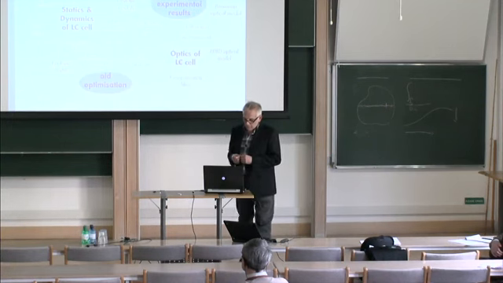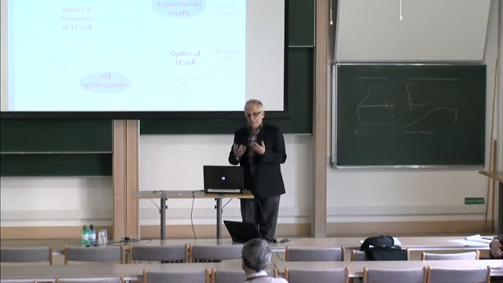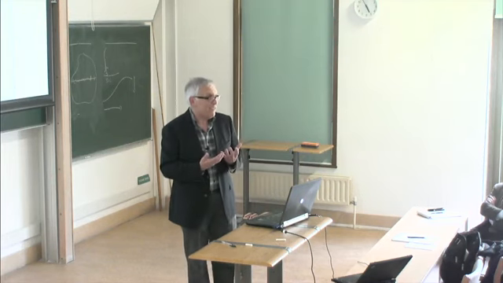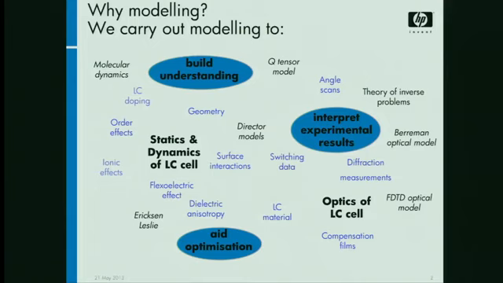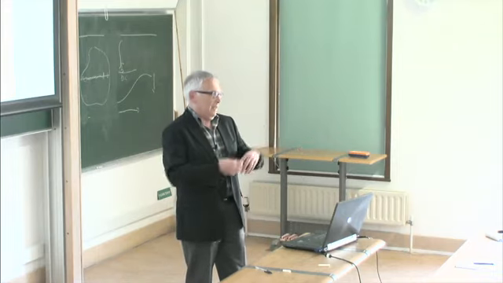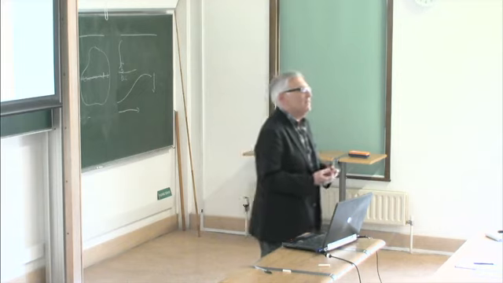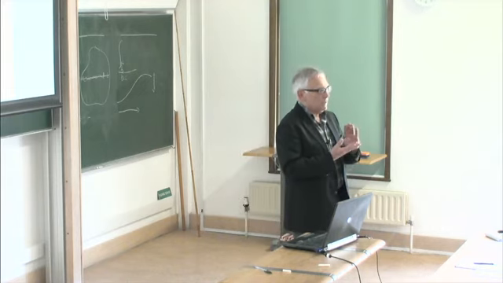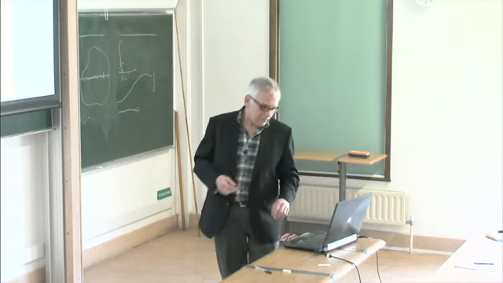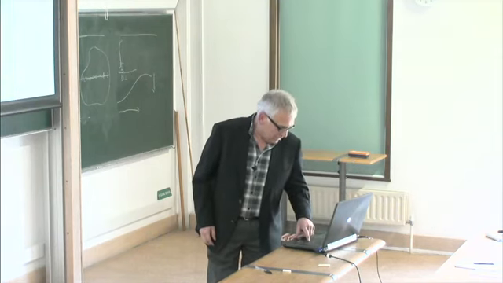So we've got some cells. We want to be able to understand how they work so we can make them better. We want to be able to experiment with them and interpret those experimental results, and also perhaps at a slightly later stage we want to be able to optimize them so we get good switching, good optics, and so on. So I'll just give an example of those things.